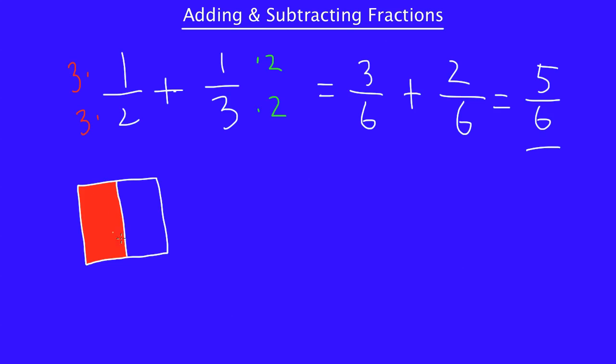How am I going to take 1/2 of this square and then add a third? What most people will do is they'll try to draw another square, and then try to picture what it looks like to have a third. And this is where people get stuck. How do you take this part and add it to this part and come out with 5/6? Well, that's a little bit backwards in my opinion.